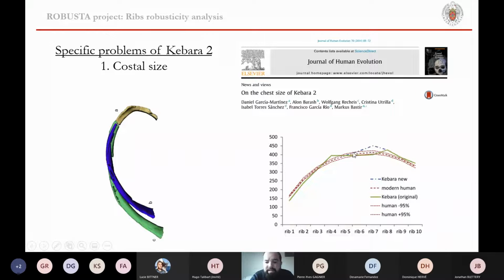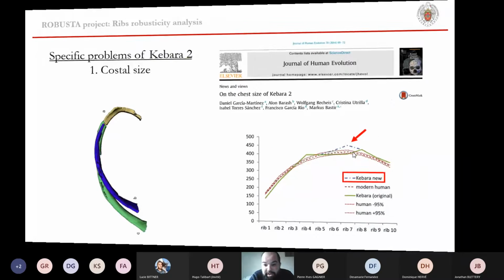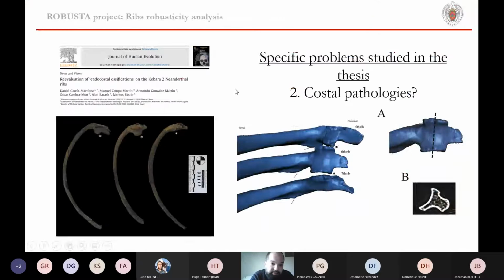So when this issue is solved, there's a second issue, which is that Guevara 2 is the best preserved Neanderthal, but potentially it has a costal anomaly or pathology. So in here you can see in the 3D model that there's some endocostal ossification in the ribs, which could potentially be pathological. So before studying this individual, it was important to see that it was not pathological.